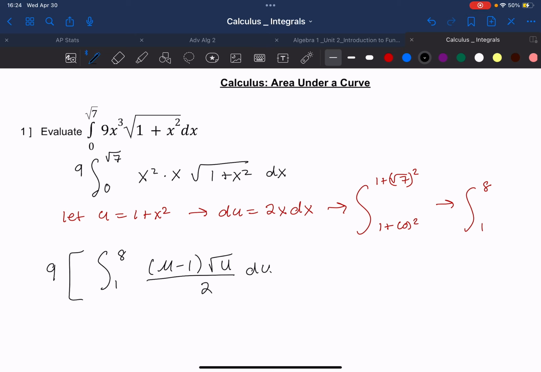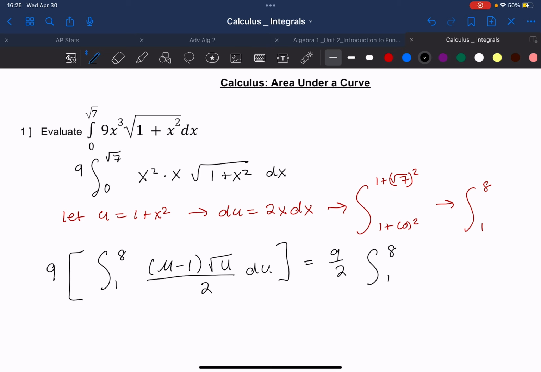So in this case, I have everything substituted in terms of u, and I'm just going to continue on and solve this integral. So the first thing I'm going to do is I'm going to take out that 2. So ultimately, since it's on the denominator, it's a 1/2. So now on the outside, I have 9/2, integral from 1 to 8.